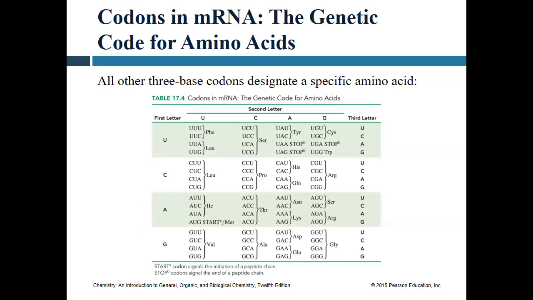And the way that you read it is from left to top to right. So my first letter is U, my second letter is C, my third letter is A, UCA, that's serine.